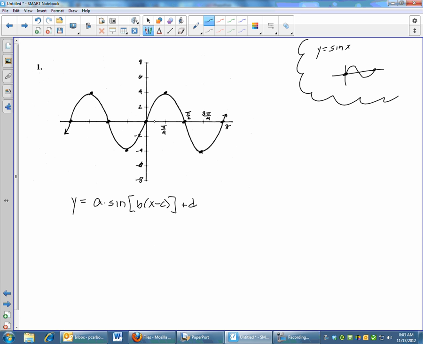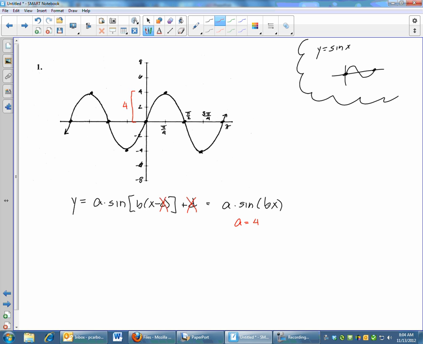Looking at this graph, it is not shifted up, nor is it shifted left or right, so I'm automatically going to ignore the c and the d, which gets me down to an equation that looks like a times the sine of bx. And if you remember, a is the amplitude. I can see that from my midline up to a peak or a trough, that is a distance of 4. So I can tell that a is equal to 4.